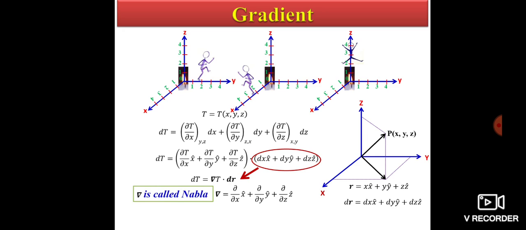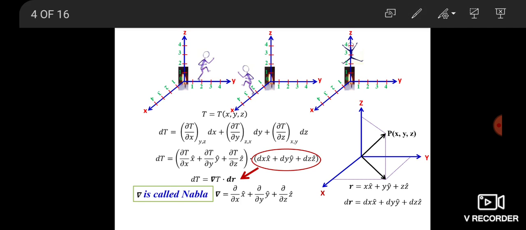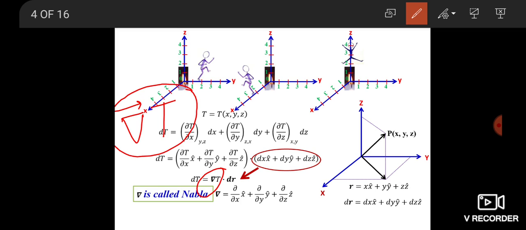When nabla is associated with any scalar field, for this example the scalar field is temperature, then the total term, that means nabla and temperature T, is known as the gradient of the temperature. When nabla is associated with any scalar field like temperature, then this whole term is known as the gradient of the temperature.